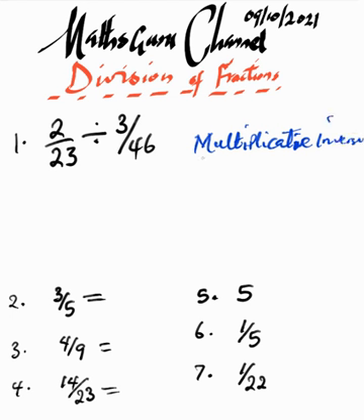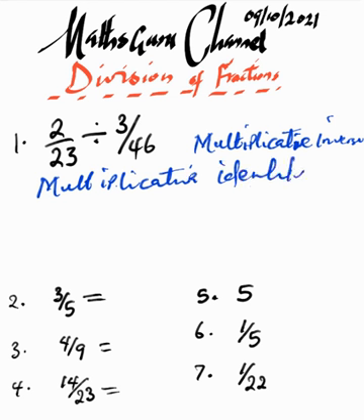We recall that the multiplicative identity is equal to 1. So the multiplicative inverse of any number is the number that you will multiply by that given number to give 1.